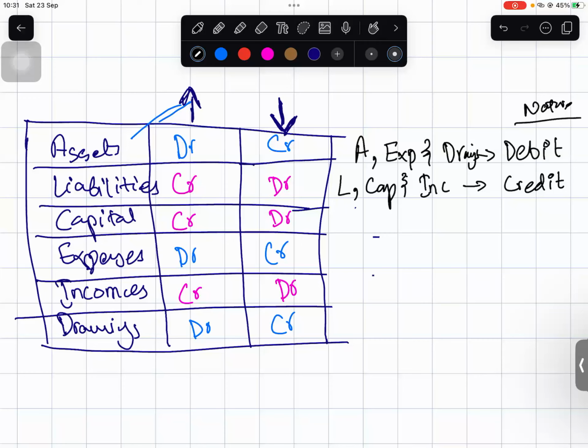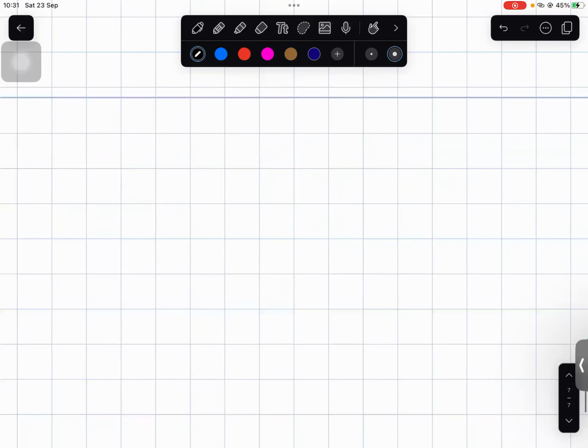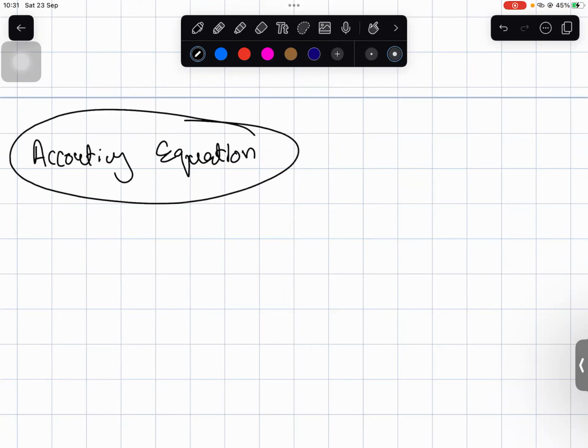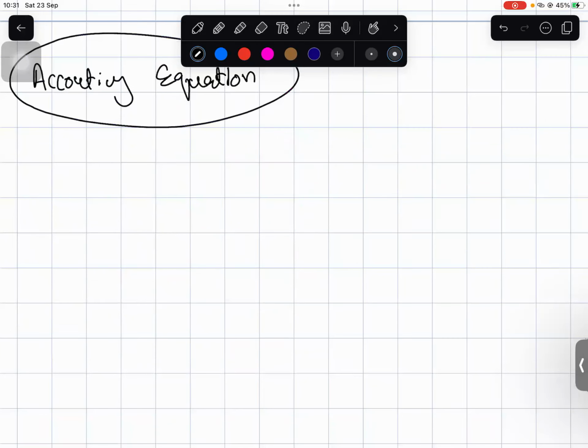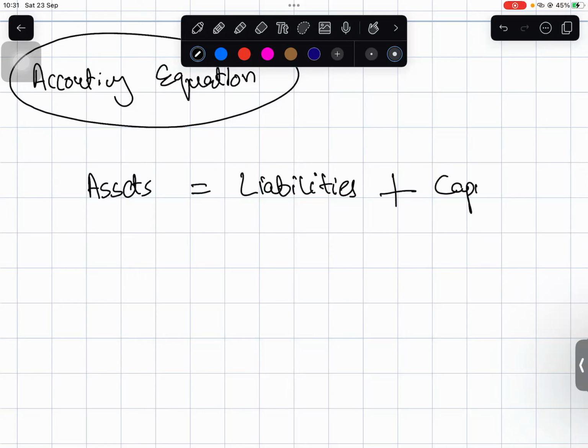I won't get into much detail of this, but you may have heard of the statement called the accounting equation. Do you have any idea what the accounting equation is? Yeah, it's assets is equal to liabilities plus capital. Yes, absolutely. Assets equals liabilities plus capital. All right.